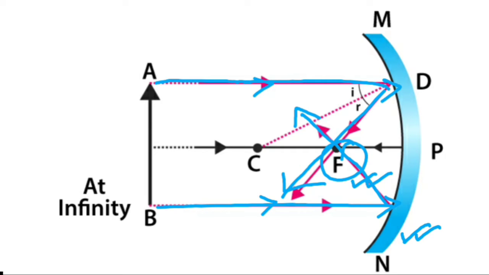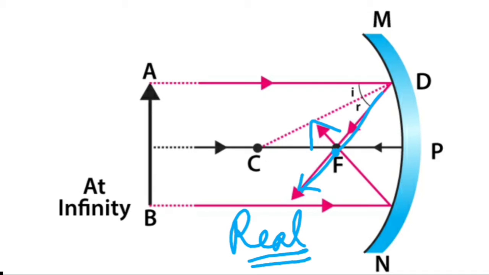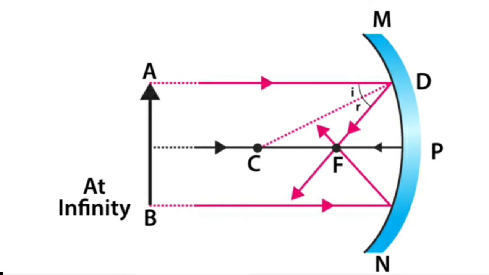The intersection point of these two rays after reflection will form an image which is real, because they are intersecting in front of the mirror. It is a real intersection.